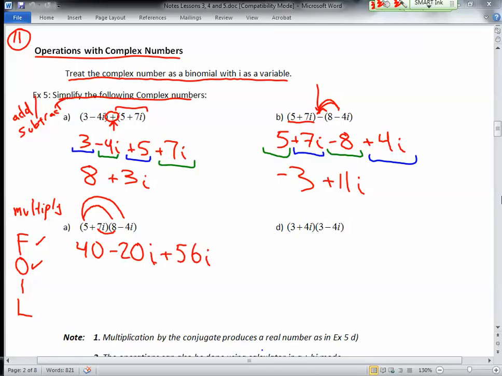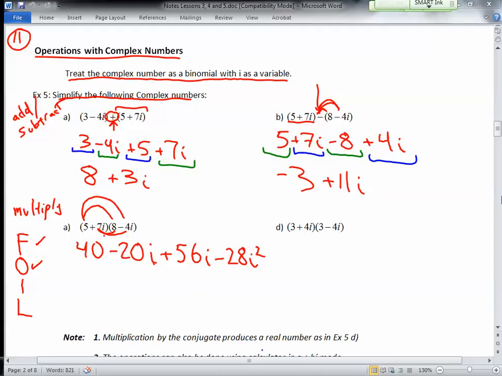And then my last term in each parentheses would be a 7i times negative 4i. That's a negative 28i squared, right? i times i gives me i squared, and that's key. We're going to change that i squared to a negative 1 in a second.